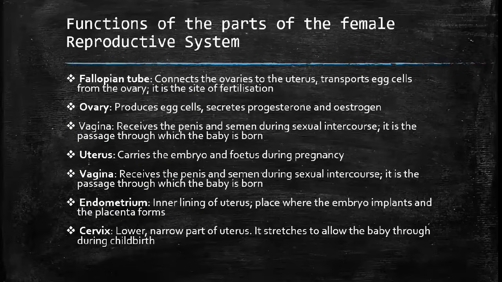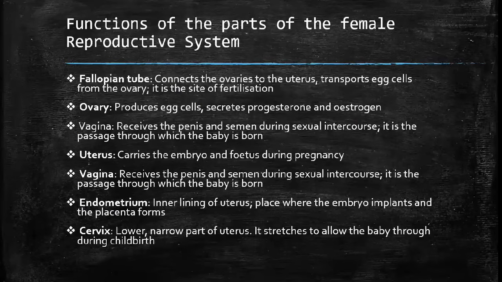Yes, I'm going to do fertilization and the menstrual cycle, all of them in one lesson. For now, you need to know the parts, the structures of the male and the female reproductive system, the functions of the parts, and how to label them.